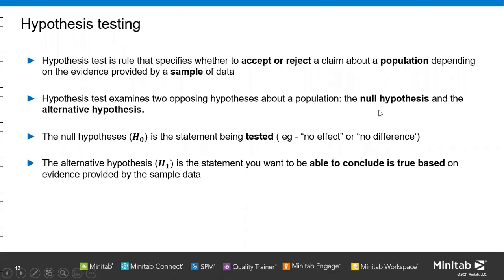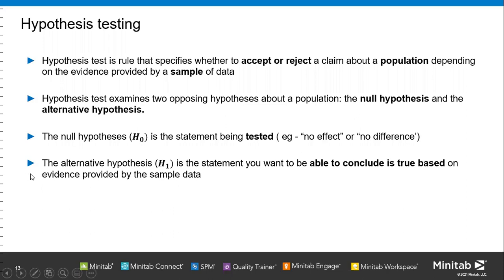So in hypothesis testing, there are two opposite hypotheses about the population itself: we have the null hypothesis, and then we have the alternative hypothesis. The null we denote as H0. It is the statement being tested. For example, no effect between branch A and branch B, no effect between process A and process B, supplier A and supplier B, or no differences between them.